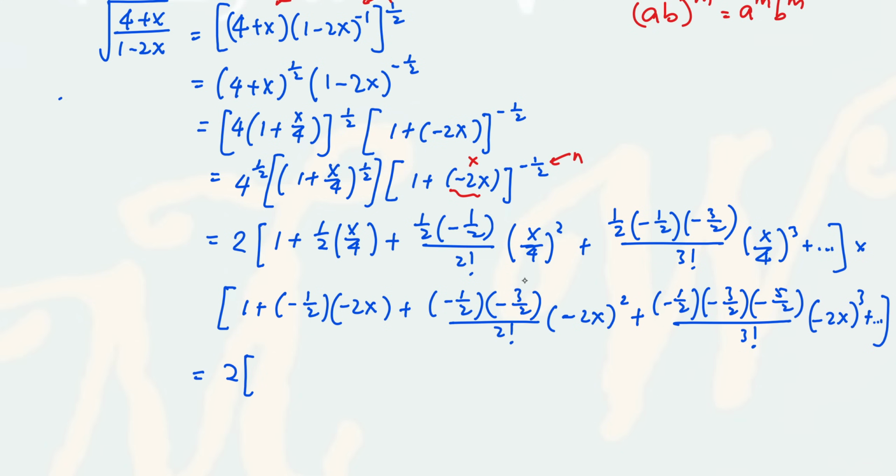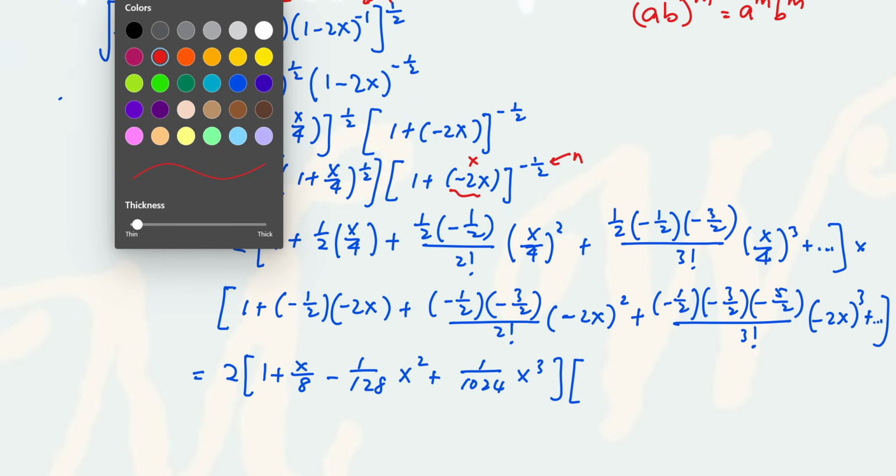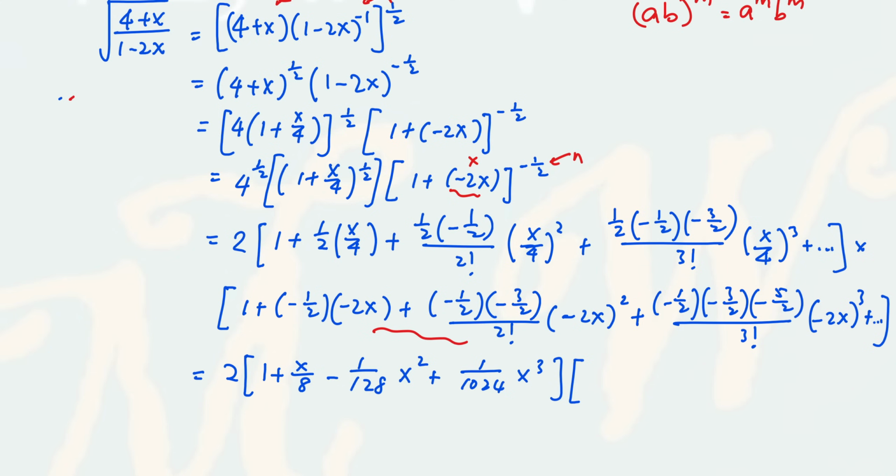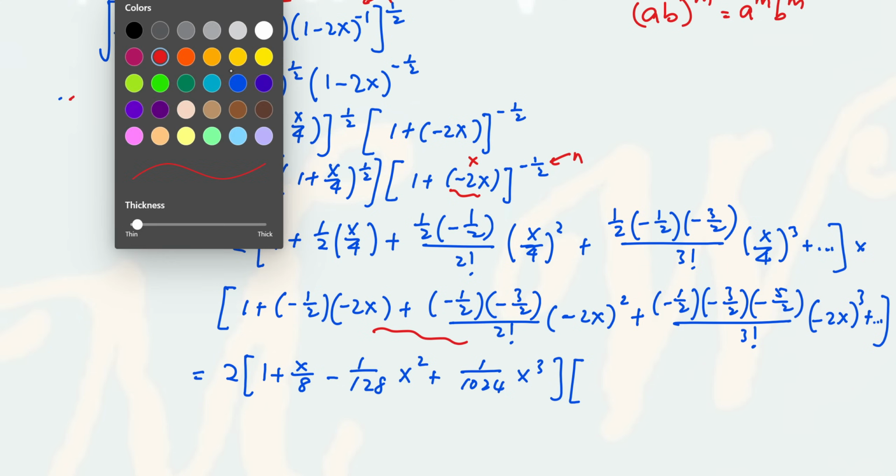Firstly, in the first brackets, simplify all the terms. It will be 1 plus x over 8 minus 1 over 128 x squared plus 1 over 1024 x cubed. Then multiply with the second square brackets, simplifying all those terms.